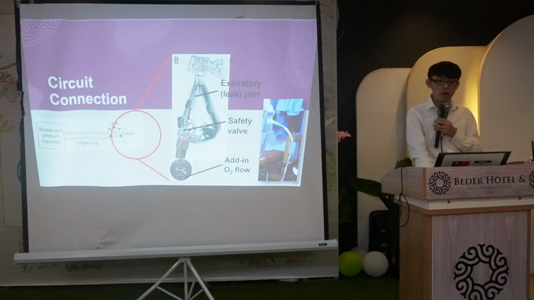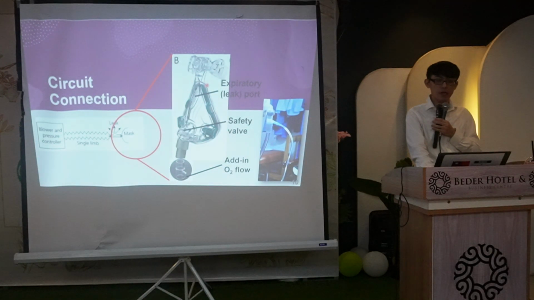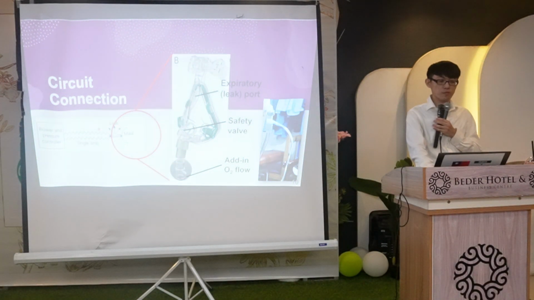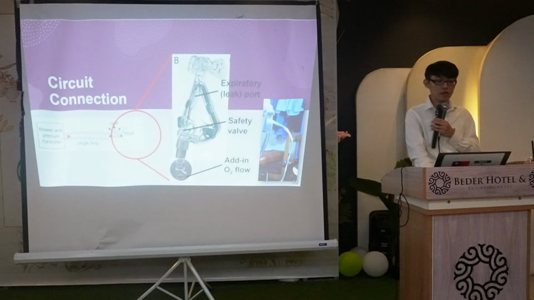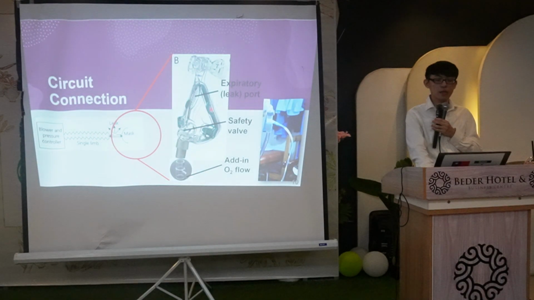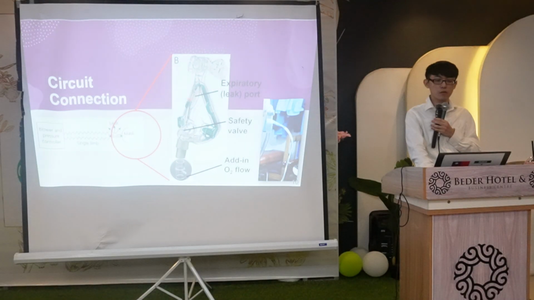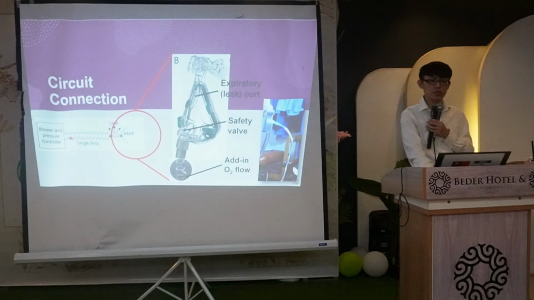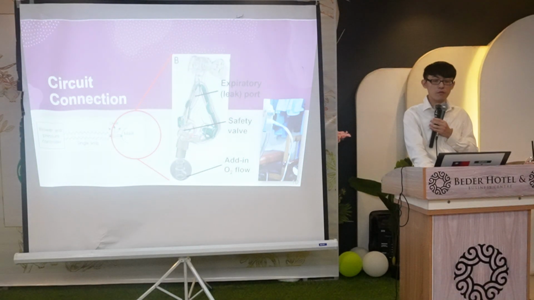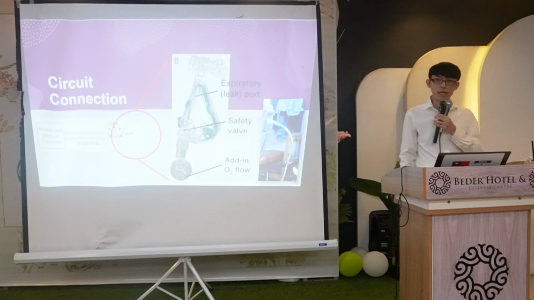And on the mask we have the respiratory, or we call it leak port, on the top. So the patient breathes in the positive pressure delivered by this part to the mask, and the patient breathes out from the port around the mask. That's why the ventilator just has a single circuit over here. Another thing is the safety valve, just for safety.